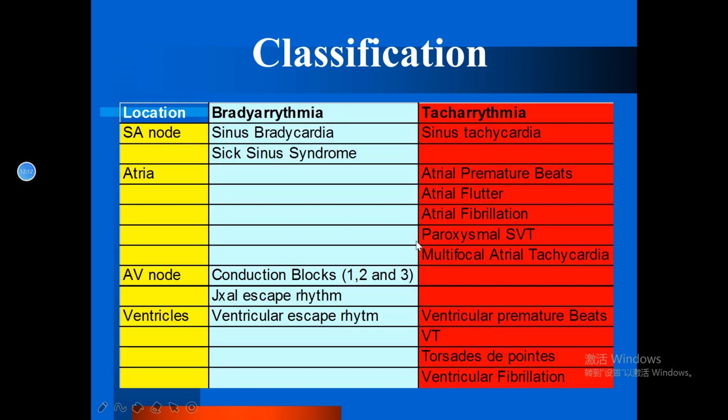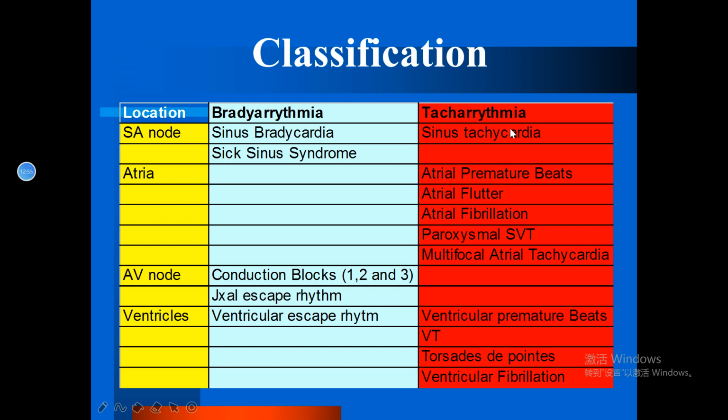Okay. This is a table about the classification of abnormal ECG. We can divide the arrhythmia by different locations. That means the sinus node, atrial, AV node, and ventricle. And we also have two types of arrhythmia, right? The first one is bradycardia, bradyarrhythmia. The second one is tachyarrhythmia. So if the bradycardia comes from the sinus node, we call it a sinus bradycardia.